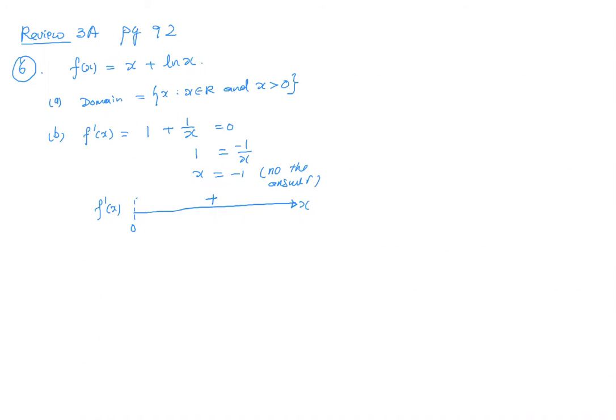Your f double prime is equal to negative 1 x to the power negative 2, so negative 1 over x squared. It will never be 0, so f double prime x will always be negative, correct?